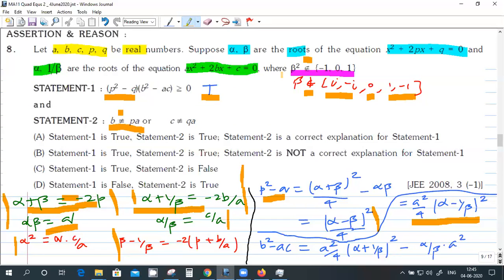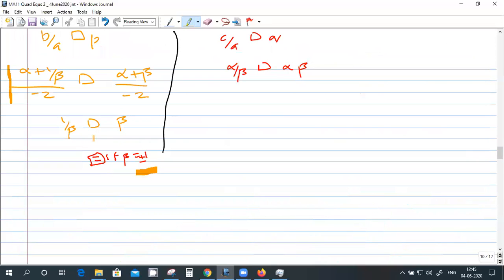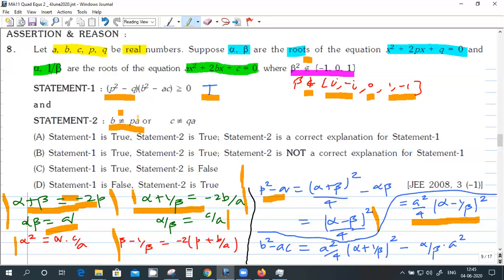So beta cannot be i, minus i, 0, 1, -1. So this can be equal only if beta is plus or minus 1. So this is not equal. Okay, so not equal to is true.